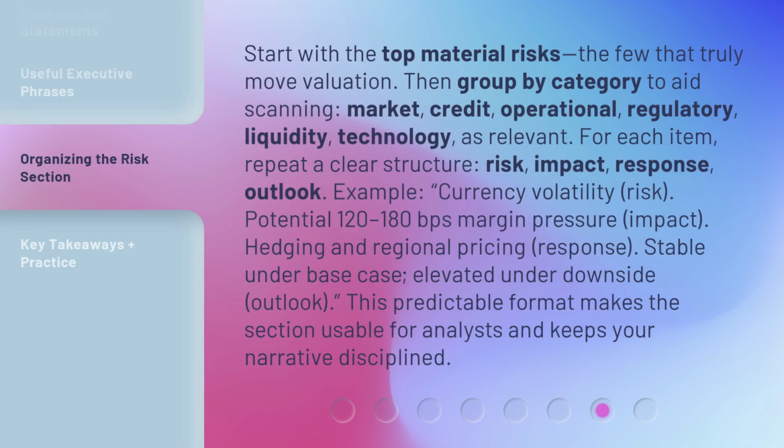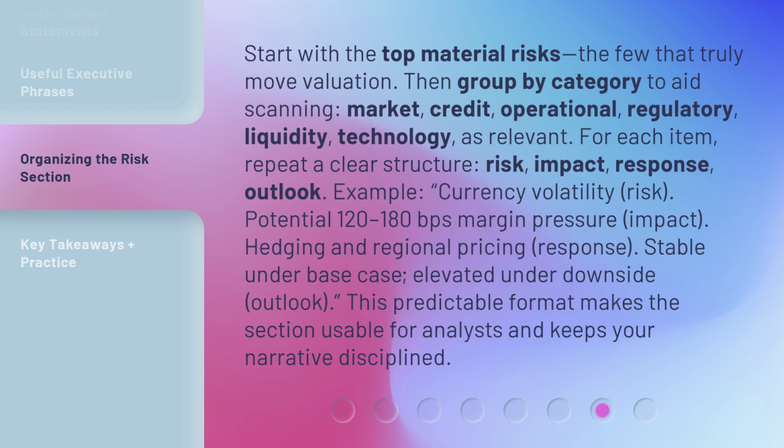Start with the top material risks, the few that truly move valuation. Then group by category to aid scanning: market, credit, operational, regulatory, liquidity, technology, as relevant. For each item, repeat a clear structure: risk, impact, response, outlook.